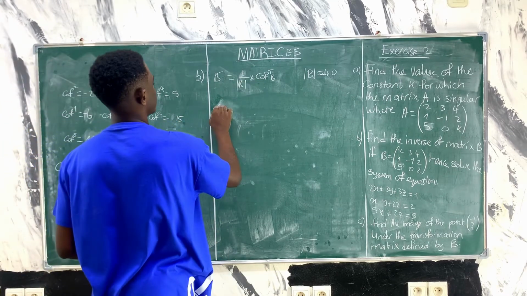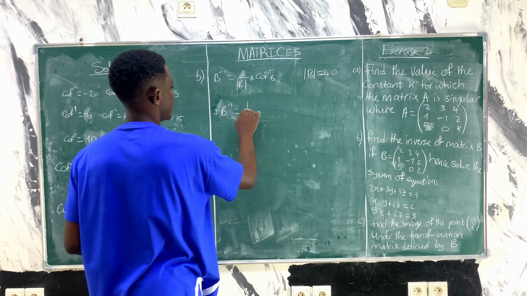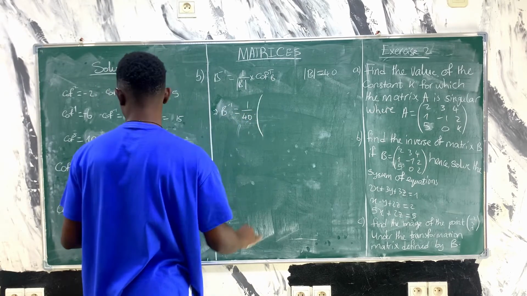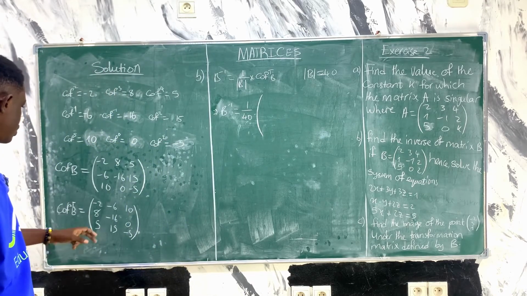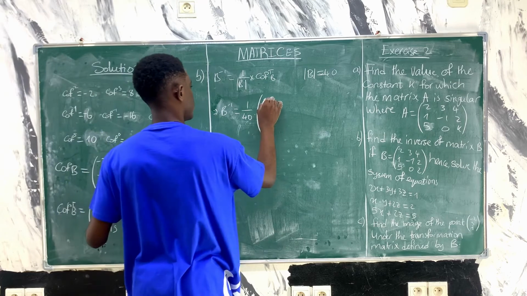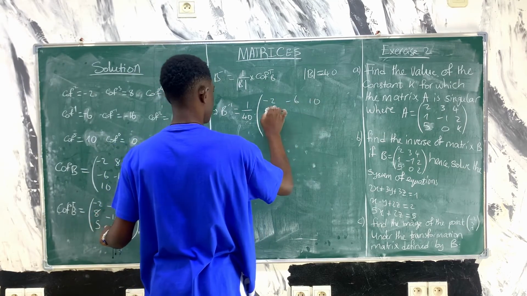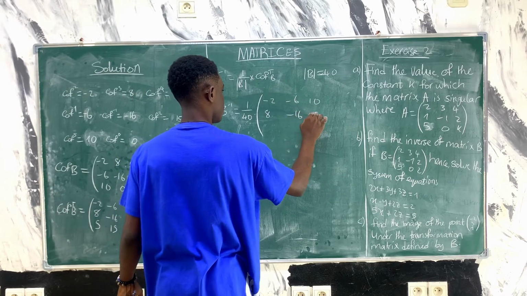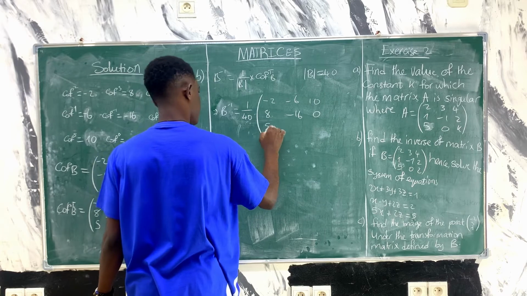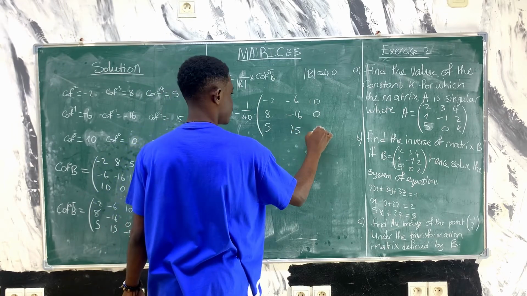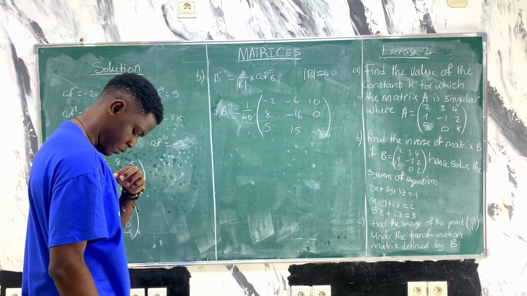I'll do 1 all over the cofactor transpose. I have minus 2, 0, 5, 15, minus 5.